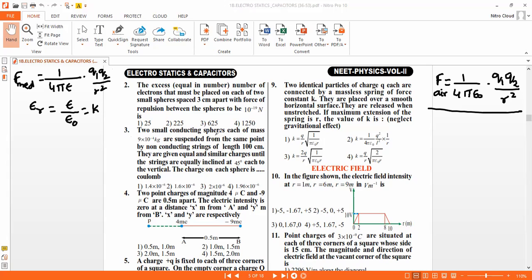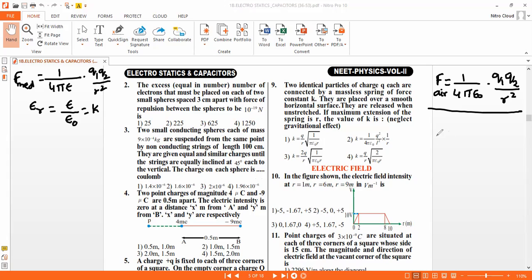Two small conducting spheres, each of mass 9 times 10 power minus 4 kg, are suspended from the same point by non-conducting strings of length 100 centimeter. They are given equal and similar charges until the strings are equally inclined, each to the vertical.